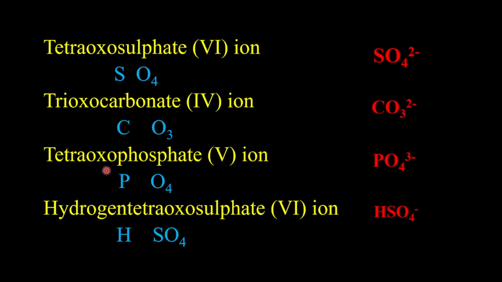Let's try with the third one. So as I said, we are going backwards, so from right to left. So we have tetra, which is 4 here. Oxo is also here. Phosphate, which is a P here. Now from the compound, we have V here, which is 5. We all know that oxygen is 2 here. So 2 here times 4 will give us 8.